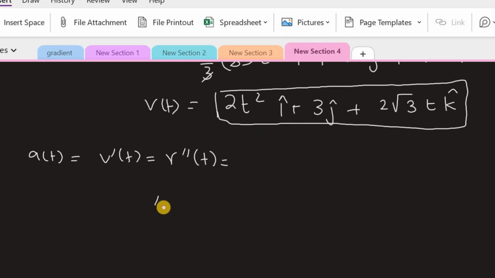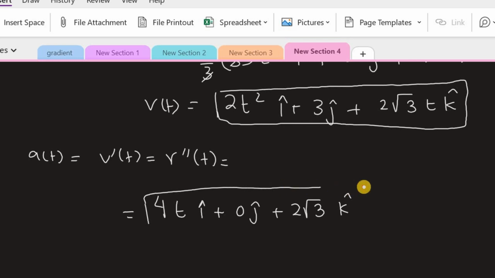This is going to be 4t, as the 2 comes down, so 2 times 2, then it's 4t i hat plus, this is a constant, so the derivative of a constant is 0, so 0 j hat plus, there's a t in front, and only the constant remains if we take the derivative of it. So this is how you get the acceleration vector.